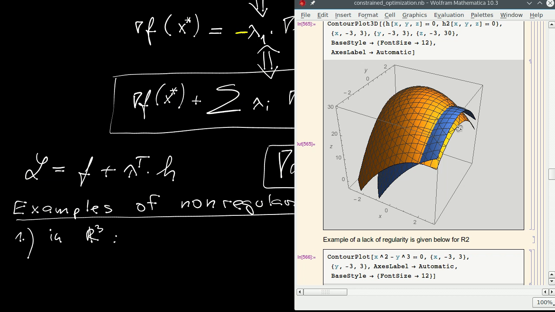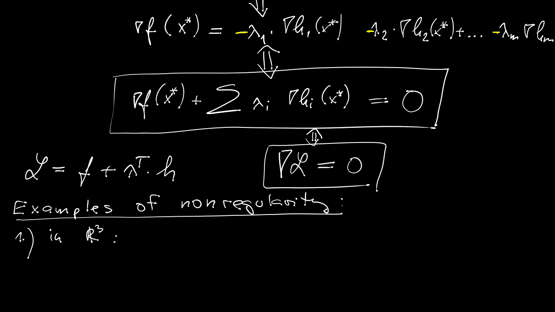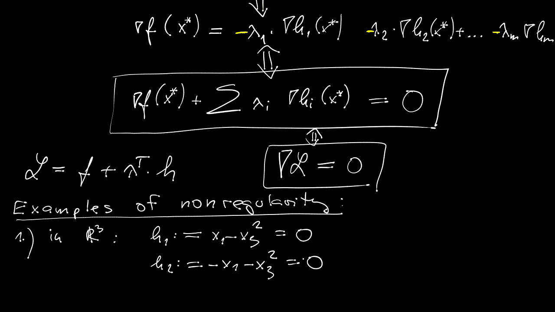So now it's time to show you where things can go wrong. The example will look like this. The first equation will look like this: x1 minus x3 squared is equal to 0, and the other constraint will look like minus x1 minus x3 squared is equal to 0.